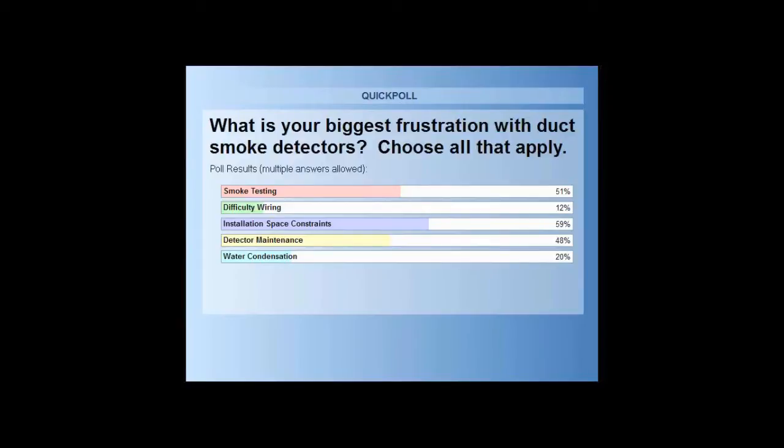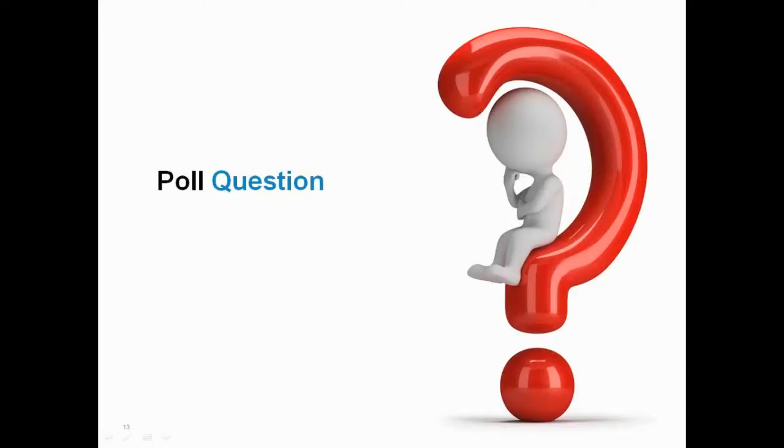So Lisa, it looks like installation space constraints, 59%, and then detector maintenance at 48%, and smoke testing at 51%. Those are the 3 that stand out.